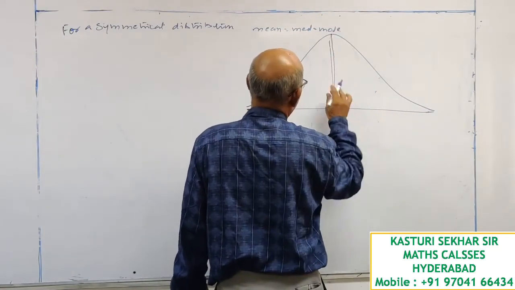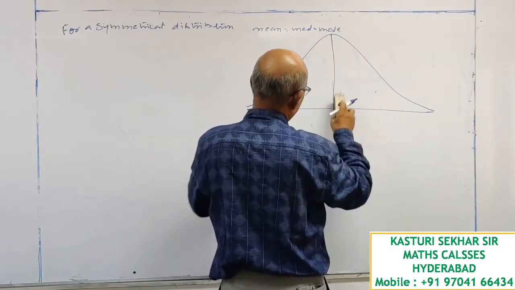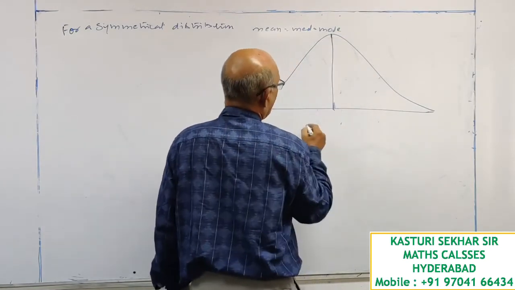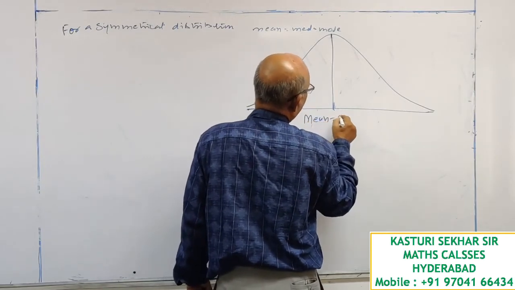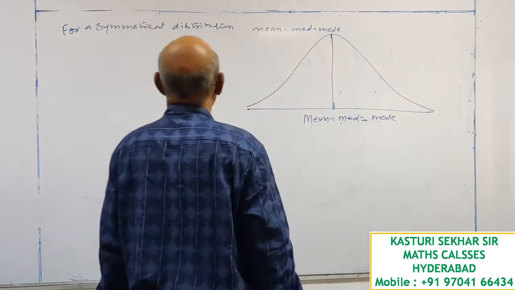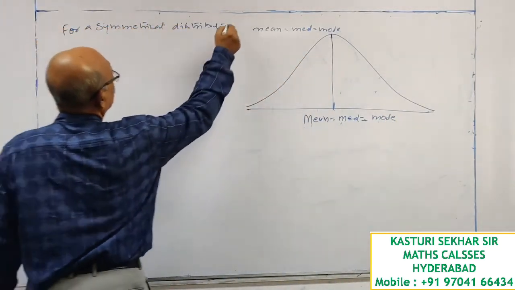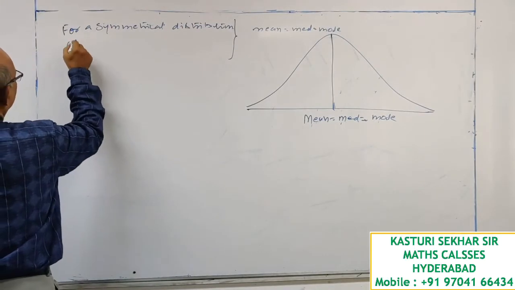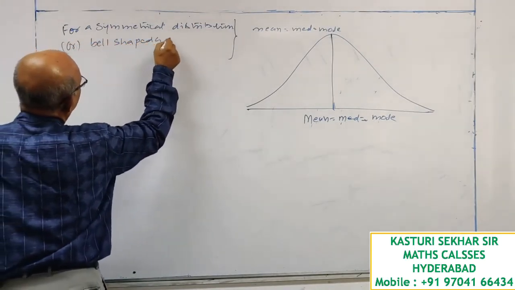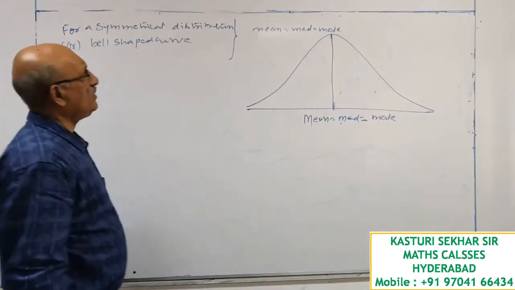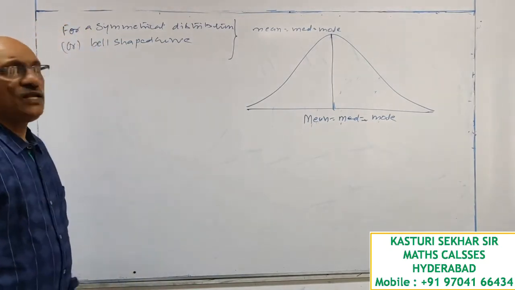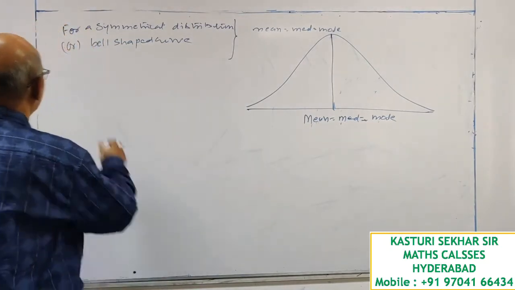This is a symmetrical distribution or bell-shaped curve: mean is equal to median is equal to mode.